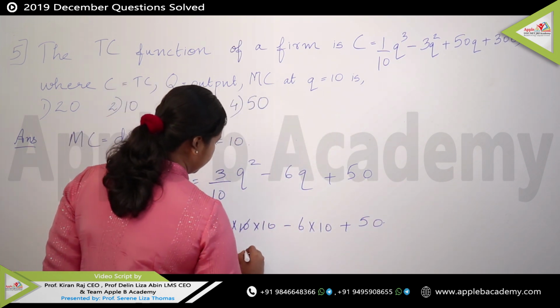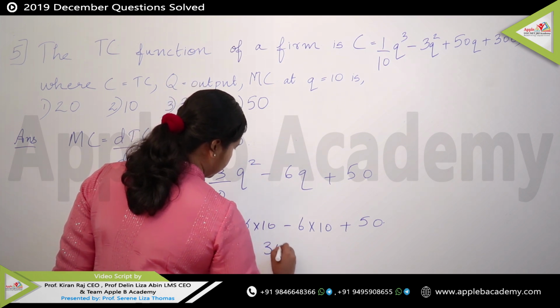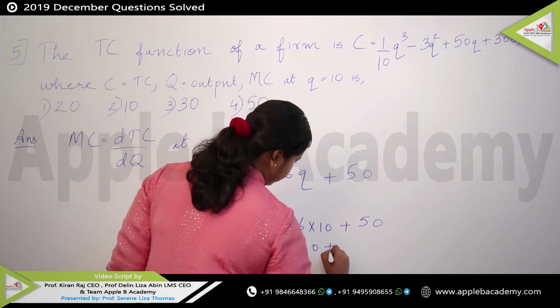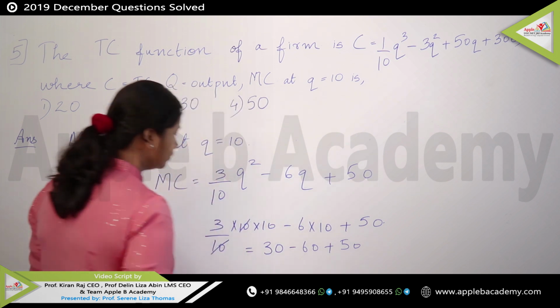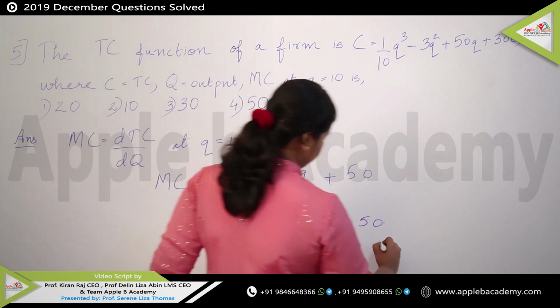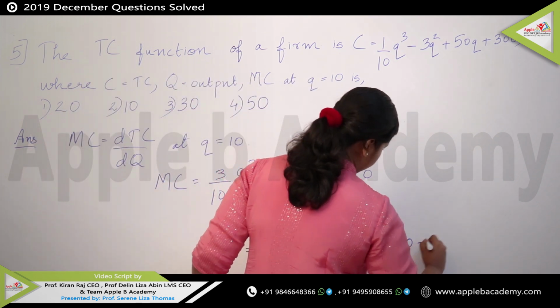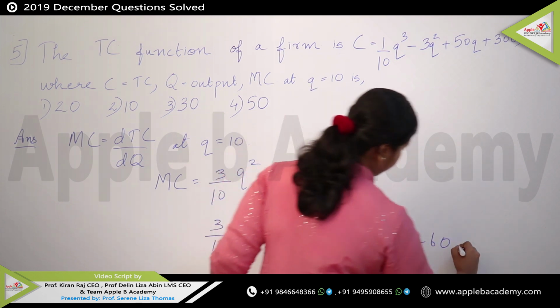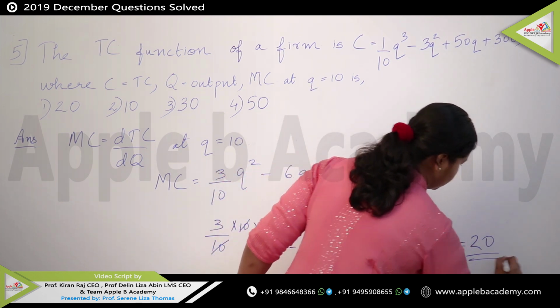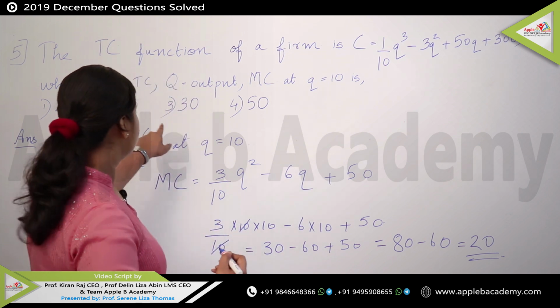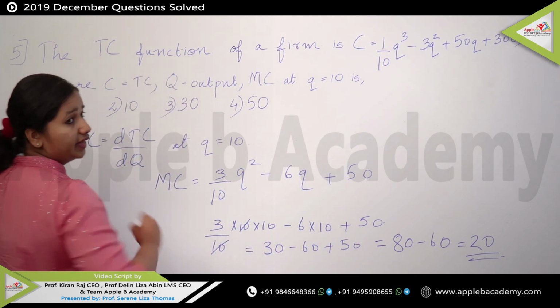So you get 30 minus 60 plus 50, which is 80 minus 60, and the final answer is 20. So which is option A.